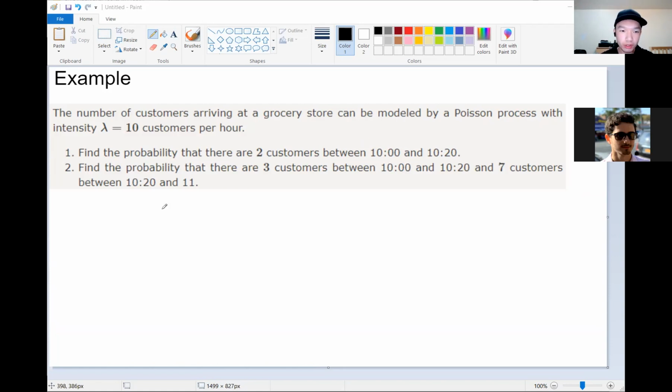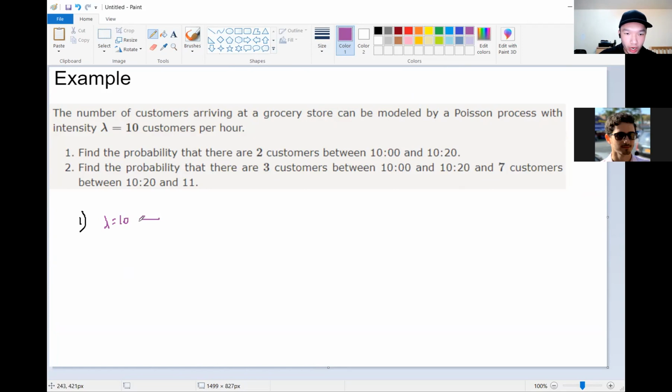Okay, so how do we go about doing this? Let's use purple. Okay, so number 1, the original parameter lambda equals 10.